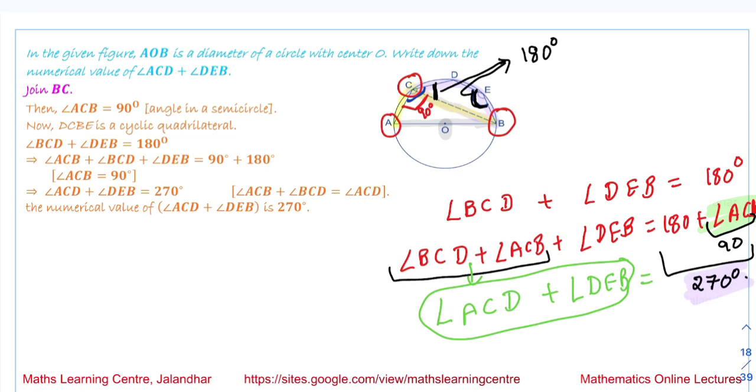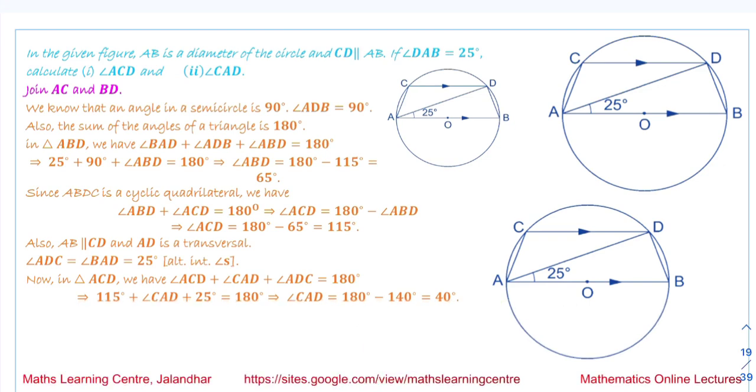Next we are given that AB is the diameter of the circle, and CD is parallel to AB. These two are parallel to each other. Then this angle at A is given to be 25 degrees. If AB is the diameter, then this angle at D will be 90 degrees, because it is the angle in the semicircle.